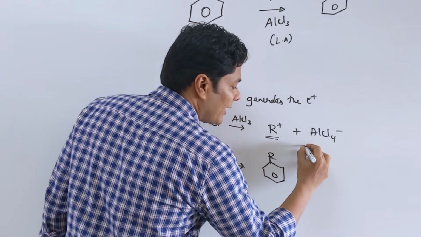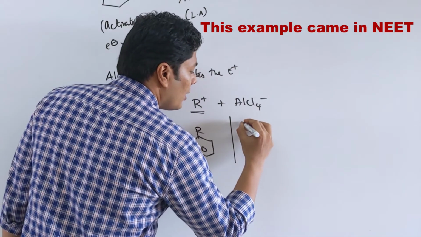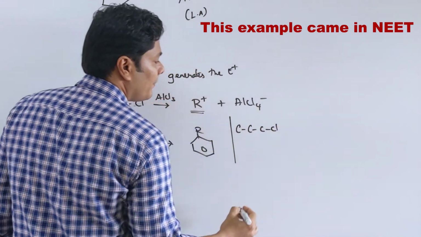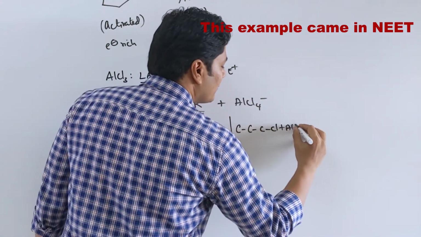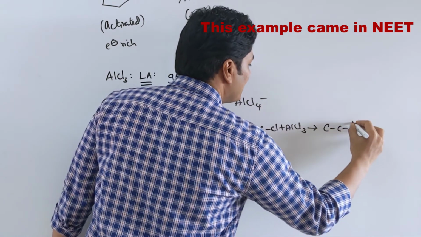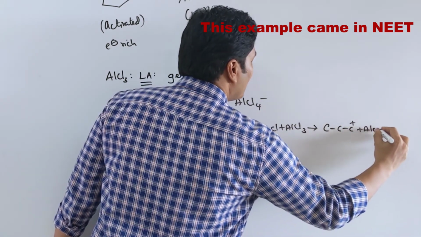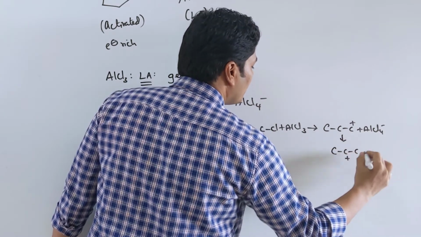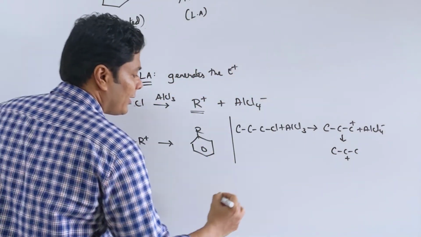The best example I can give you for that is when you take CCCCl plus AlCl3, you will end up getting CCC plus and AlCl4 minus. This will rearrange to the most stable isopropyl carbocation.